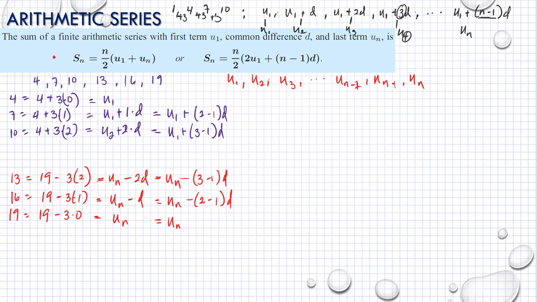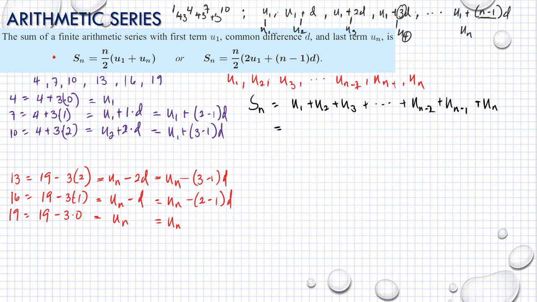If we have that, then we can find the sum of this. The sum of that is s sub n, which is equal to u sub 1 plus u sub 2 plus u sub 3 plus up to u sub n minus 2 plus u sub n minus 1 plus u sub n.